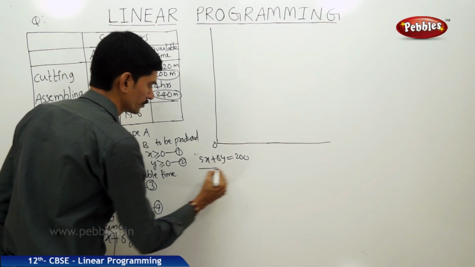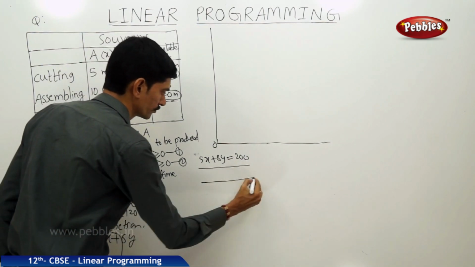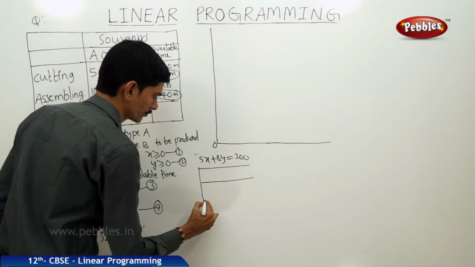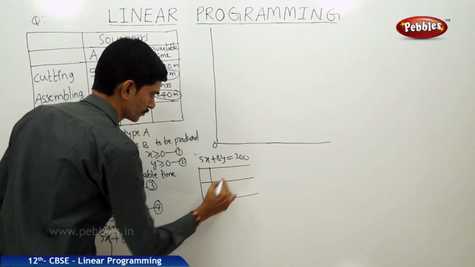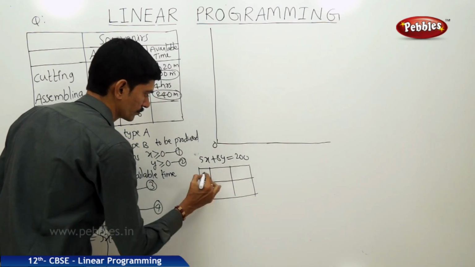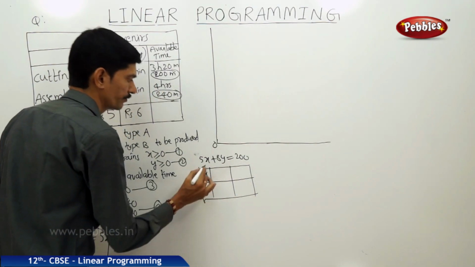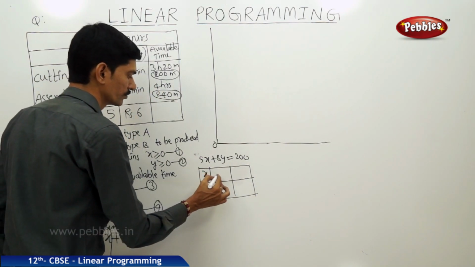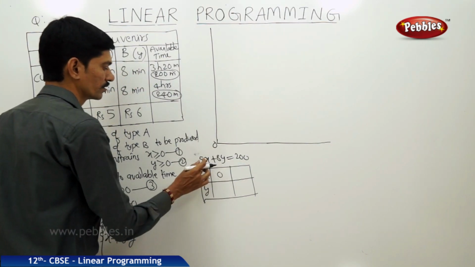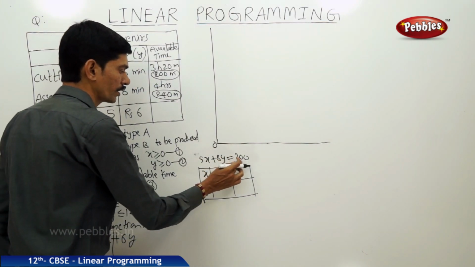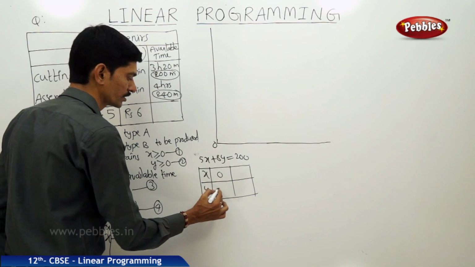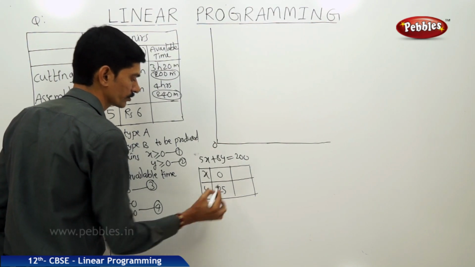Now we will draw the table, x, y. If you take x value 0, then y value is 200 by 8; 8 twos are 16, 8 fives are 40, so 25.